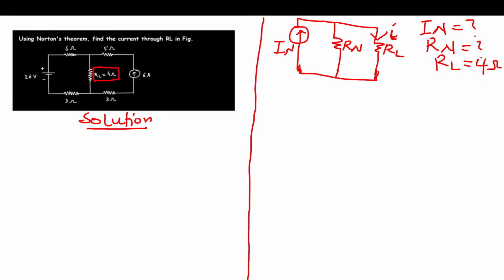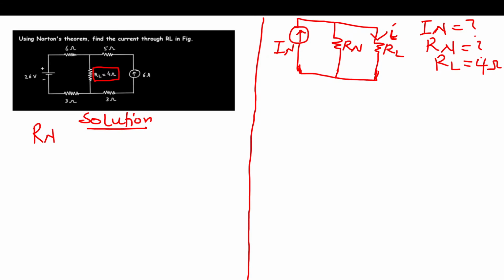Okay, all right. So let's move on. We are going to find Rn first. Now Norton is saying that to find your Rn, that is the total resistance, you deactivate all sources. So if there is a voltage source, you short circuit that voltage source, and if there is a current source, you open circuit the current source.